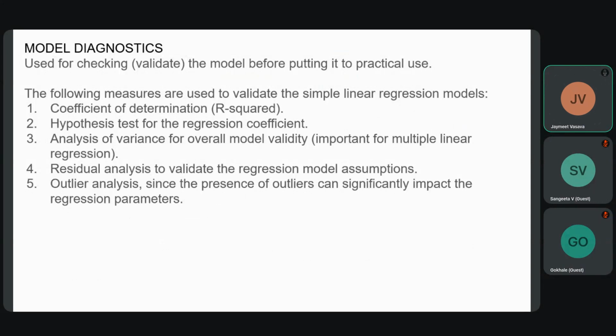Then residual analysis to validate the regression assumptions, the assumptions that we discussed at the beginning of discussing the simple linear regression model. Then outlier analysis, since the presence of outliers can significantly impact the regression parameters.